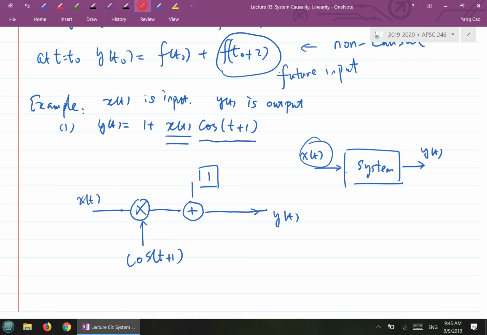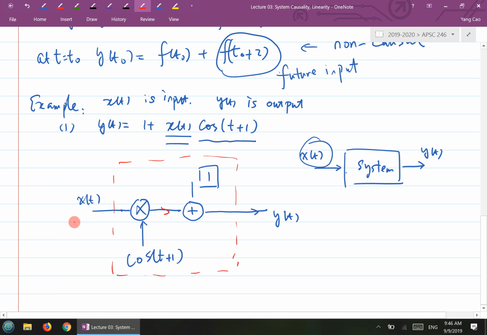So inside the black box are those components. The system takes the input, multiplies by cosine t plus 1, and then adds another 1 and gives you the output. Your relationship, this is still your output, and this is still your input.